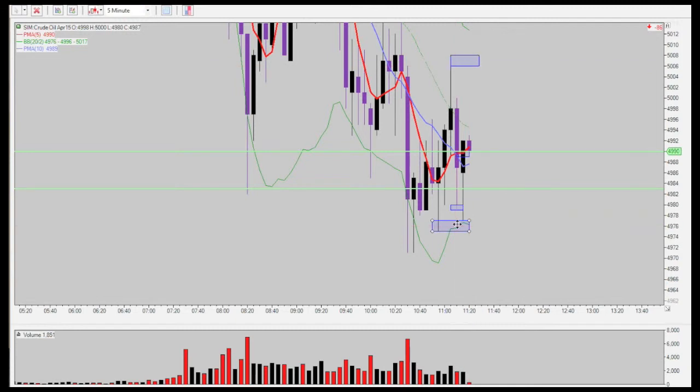Now let's take into consideration these candles. So there's the low. We've now started our new 5-minute candle. So we want to see how this candle is going to interact. But there's our high. We want to see this candle put in a higher low here. Okay, and it's already put in a higher high.